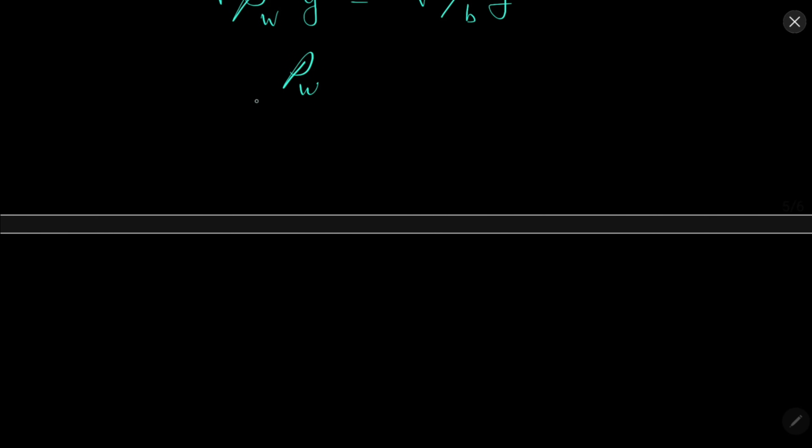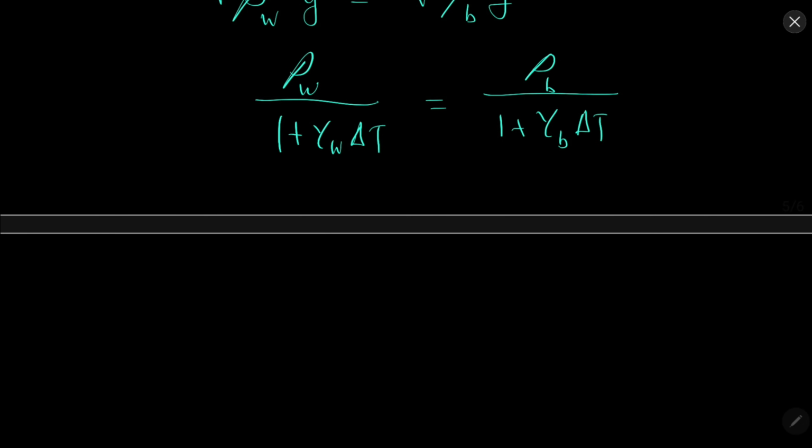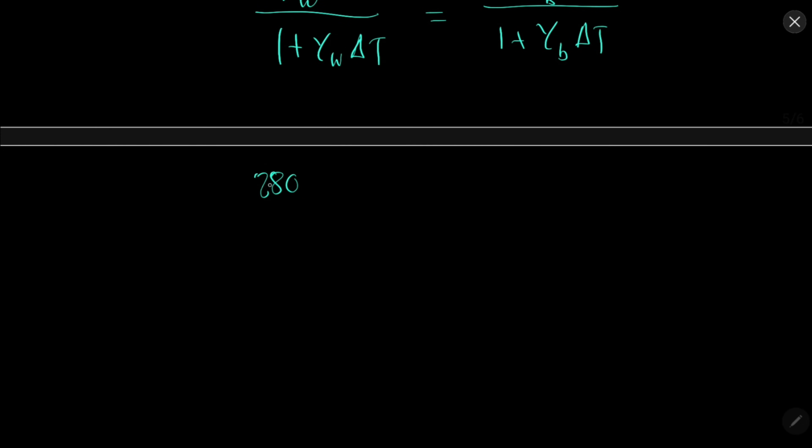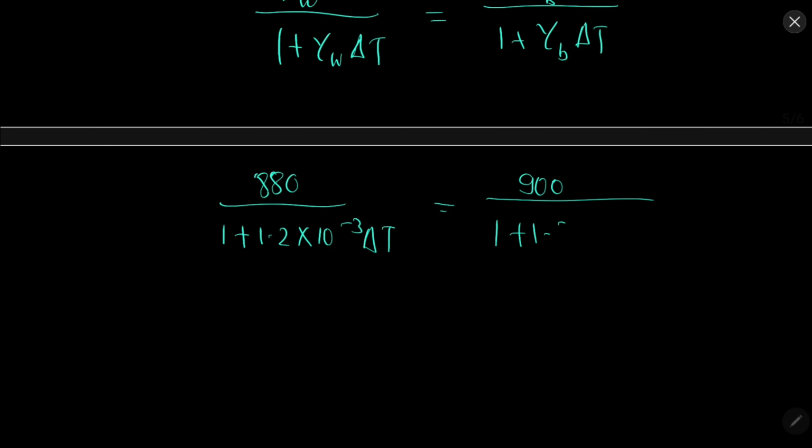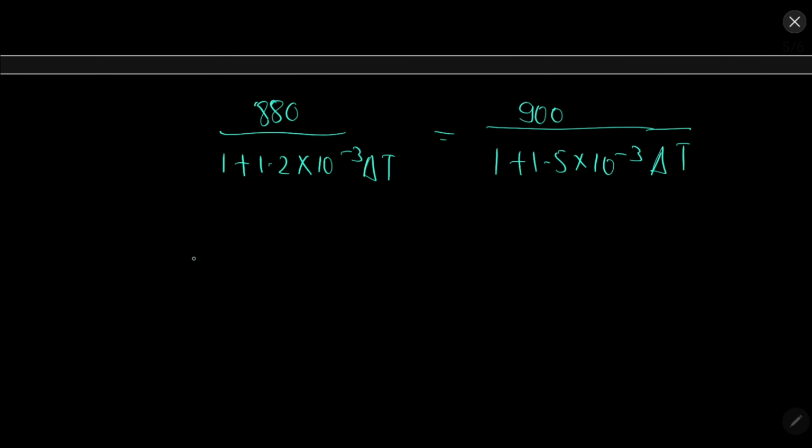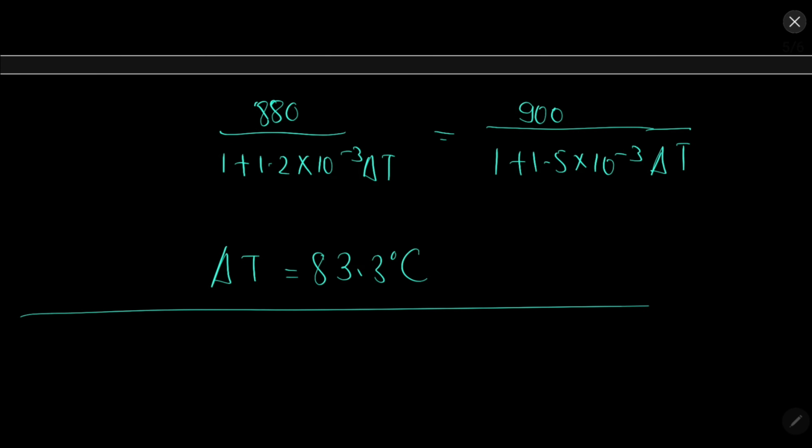So we will obtain something like this: 880 over 1 plus 1.2 into 10 to the power minus 3 del T equals 900 over 1 plus 1.5 into 10 to the power minus 3 del T. So del T will come out to be 83.3 degrees Celsius, around 83 degrees Celsius.